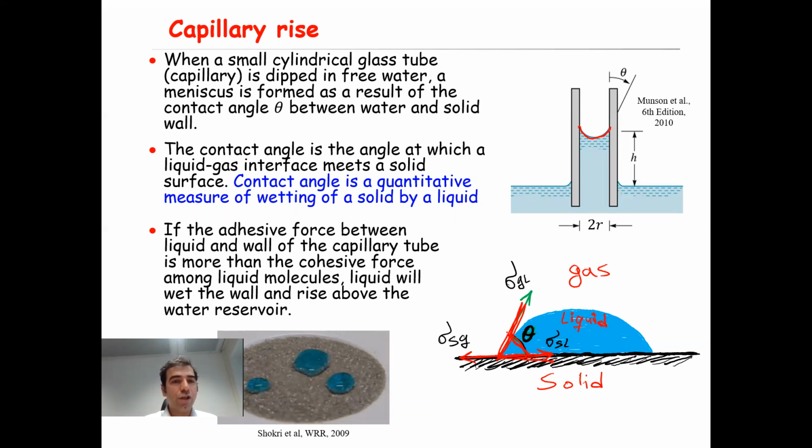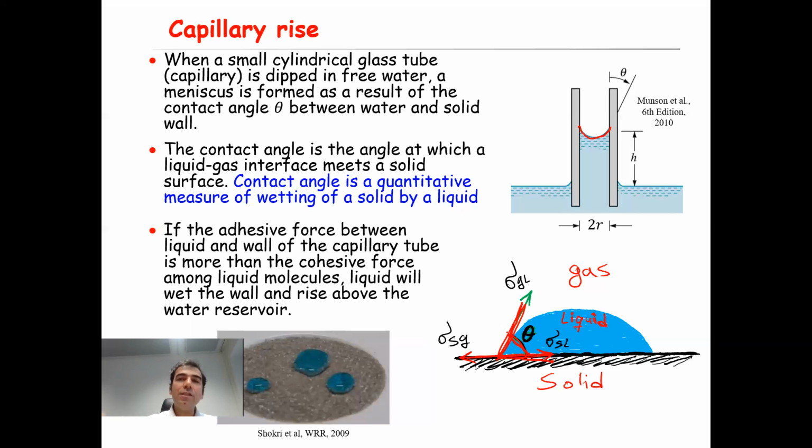In that case, the contact angle will be very small, or zero if the surface is completely wettable. But if the cohesive forces between the molecules in the bulk fluid are more than the adhesive force between the fluid and the solid, then the surface is not wettable for that particular fluid, and you will be dealing with large values of contact angle.